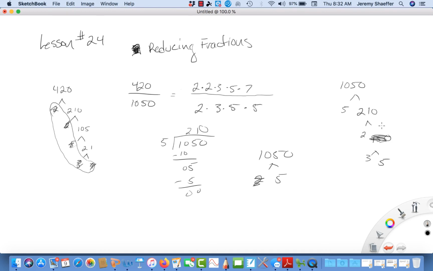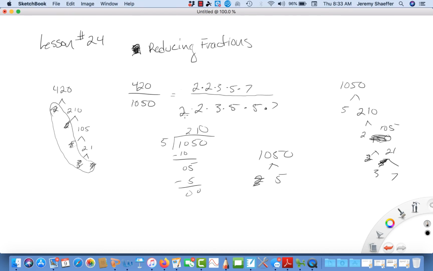Right, here's my mistake. 105. And then if we do that by 5, then we have 21. And then we do that by 3 and we get 7. That's my mistake. So we're missing a 7. Okay, 2 times 3 times 5. There we go. Sorry about that. All right, we've prime factored it.